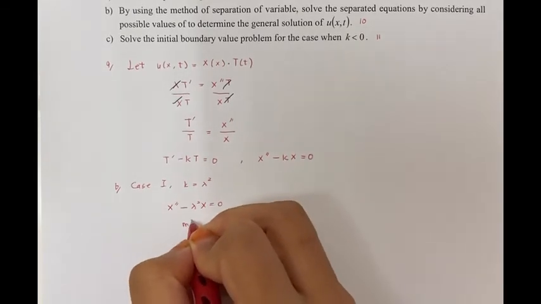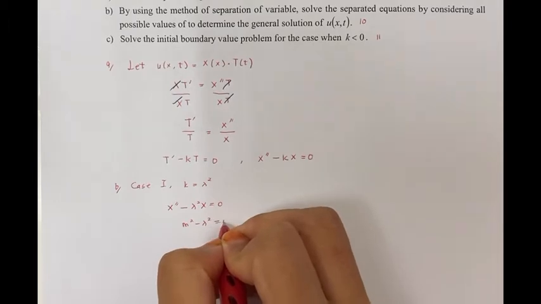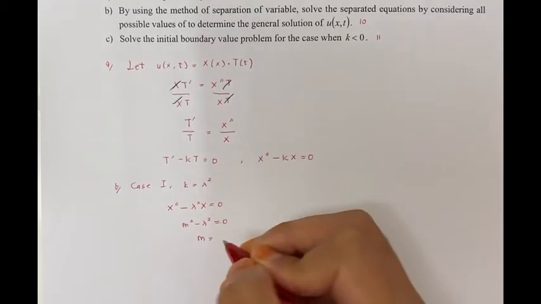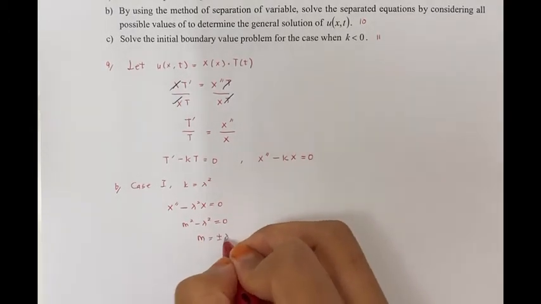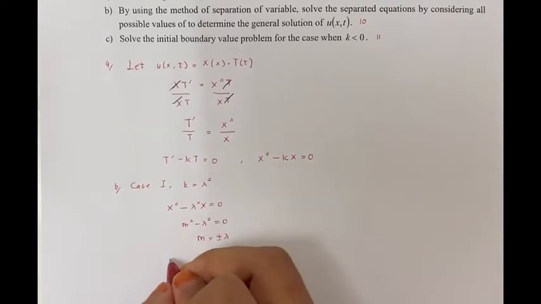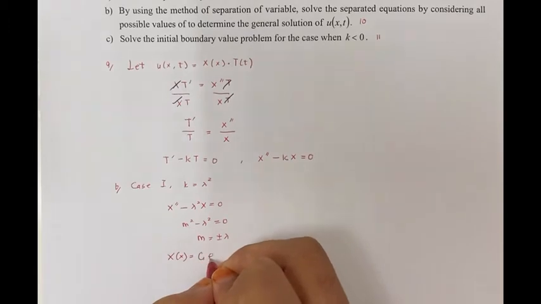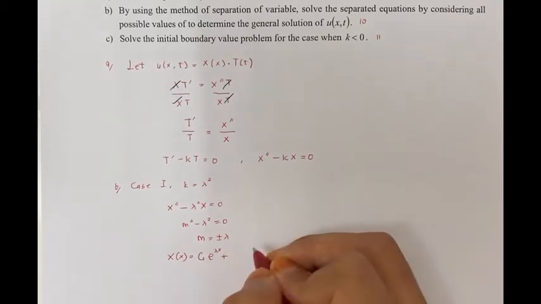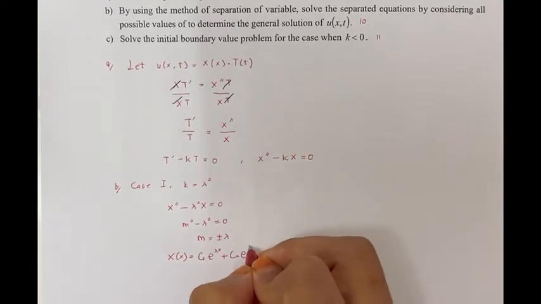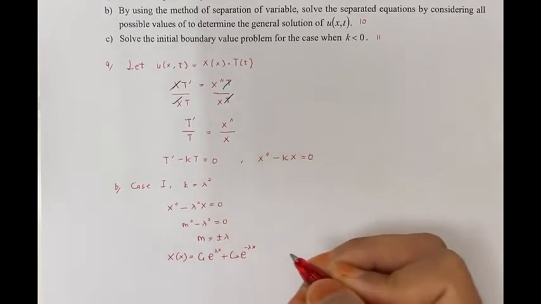So m square minus lambda square equal to 0, roots plus minus lambda. So the general solution for X is equal to C1 exponent lambda X plus C2 exponent negative lambda X.